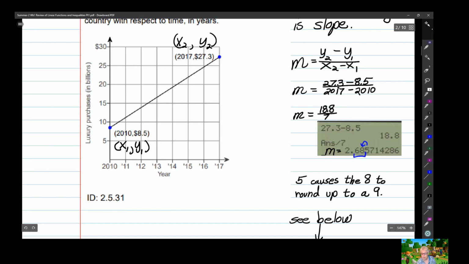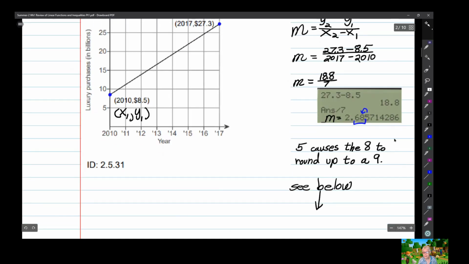First, I found out what 27.3 minus 8.5 is, and that's 18.8. I could pretty well figure out what 2017 minus 2010 is. It's 7. So then I divided 18.8 by 7, and I got 2.685714286, and this decimal probably goes on forever.